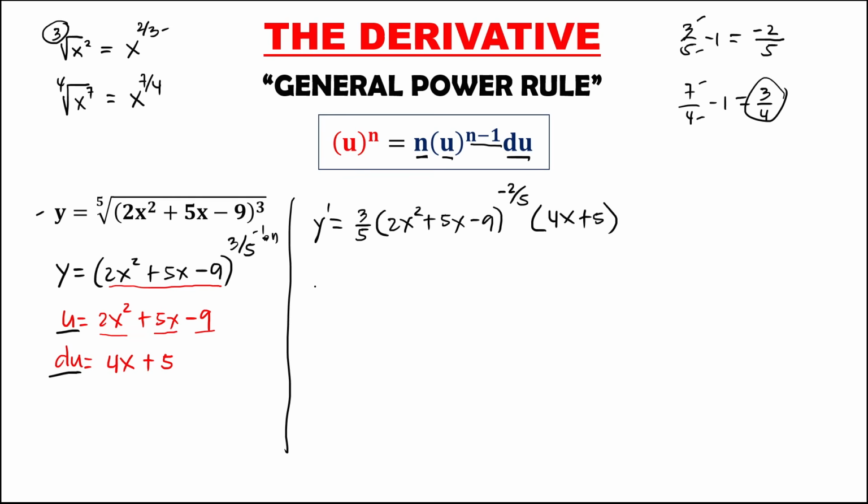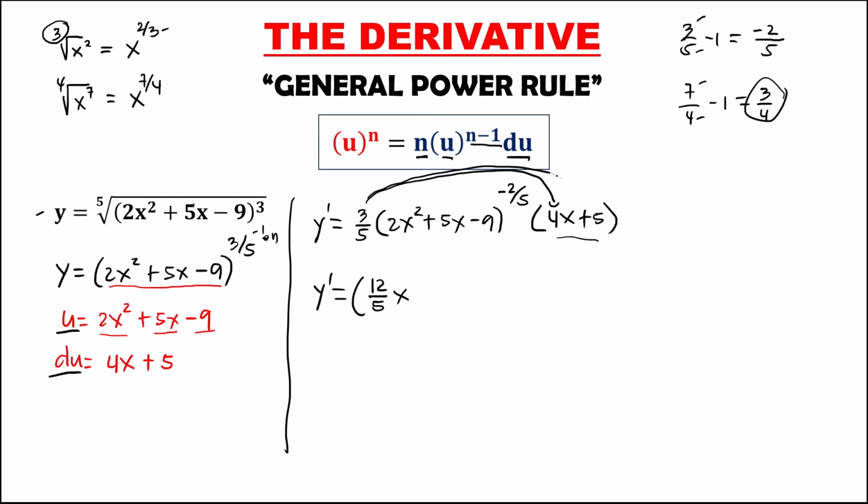Then multiply this 3 over 5 to this equation. So 3 over 5 times 4x: just multiply this numerator and this number, so 3 times 4, this one is 12, then copy the denominator 5, then we have x.